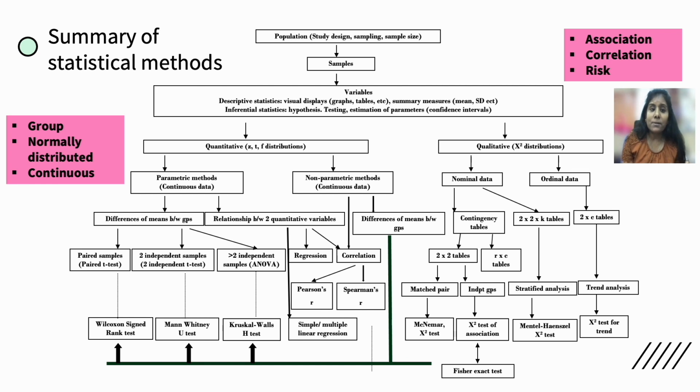Risk. Now, risk, very simple, is that everyone knows that smoking is an independent risk factor for lung cancer, right? So risk is normally used when you're dealing with multiple logistic regression, where you're trying to find the factors which are independent risk factors. Otherwise, risk is hardly used.